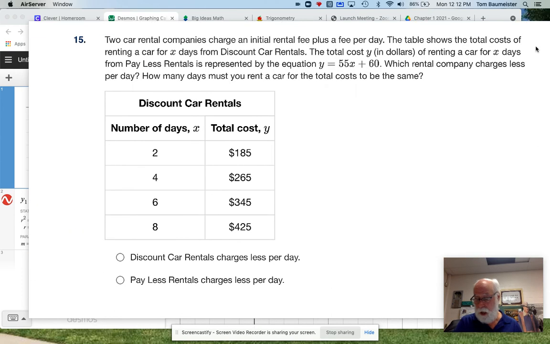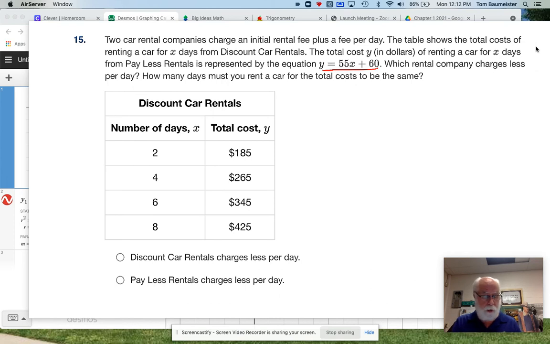Number 15, and our last one here says 2 rental car companies charge an initial fee plus a fee per day. The table shows the total cost of renting a car for X days from Discount Rentals. The total cost Y in dollars of renting a car for X days from Payless Rentals is represented by the equation Y is equal to 55X plus 60.